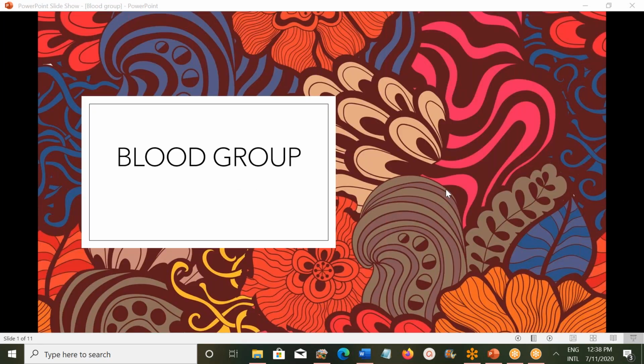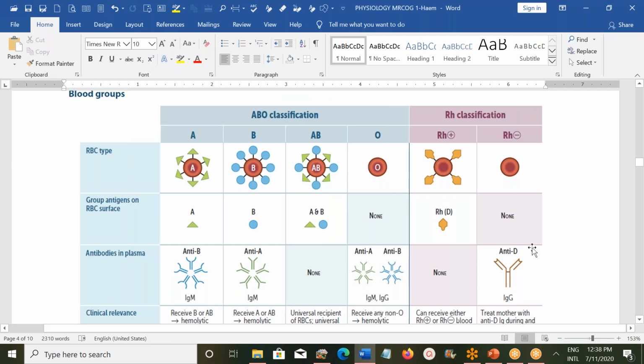So if I talk about the blood groups, this classification system, like I said, is ABO and the Rh classification. It depends on what type of allelic gene is there. Basically capital H and small h are carried, and A, B and O are allelic genes. They are alleles of the genes.